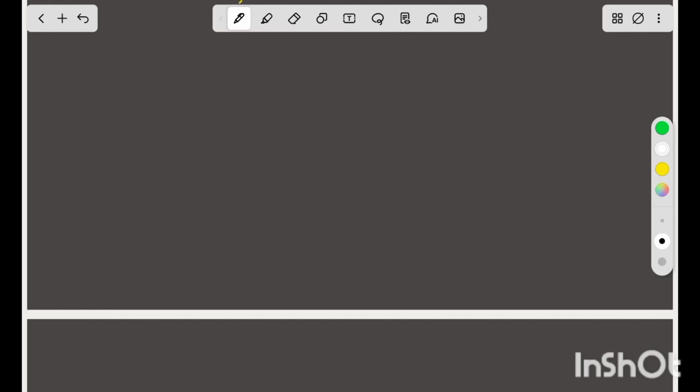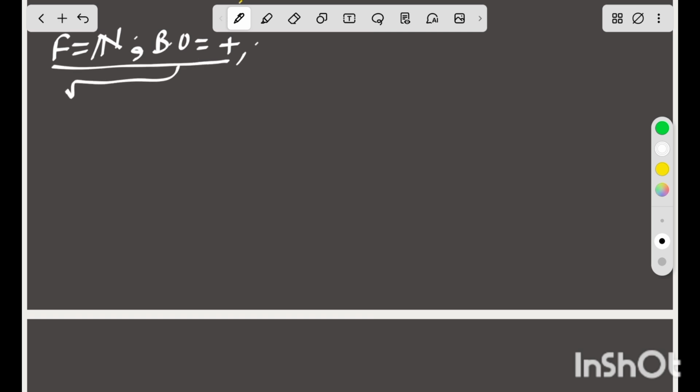Let us consider some examples of the field. First is, let the set F be the set of the natural numbers and the binary operations are ordinary addition and multiplication. So in order to check whether this set forms a field or not, first we check whether the set of natural numbers with respect to addition is an abelian group or not.